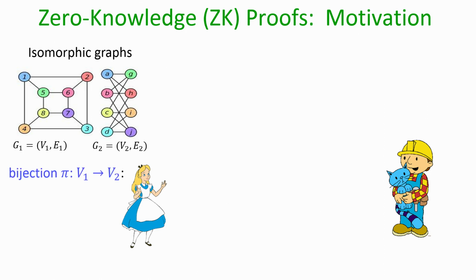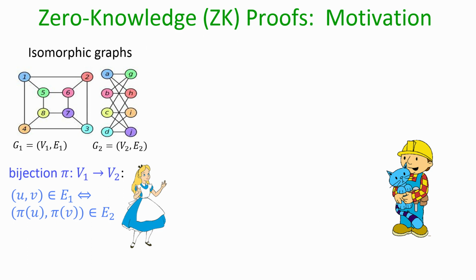What I mean by isomorphic graphs here is that for these two graphs there exists a bijection from the vertex set of the first graph to the vertex set of the second graph, and that bijection has the property that if there is an edge between the nodes u and v in the first graph, then in the second graph there exists an edge between the mapped u vertex and the mapped v vertex.